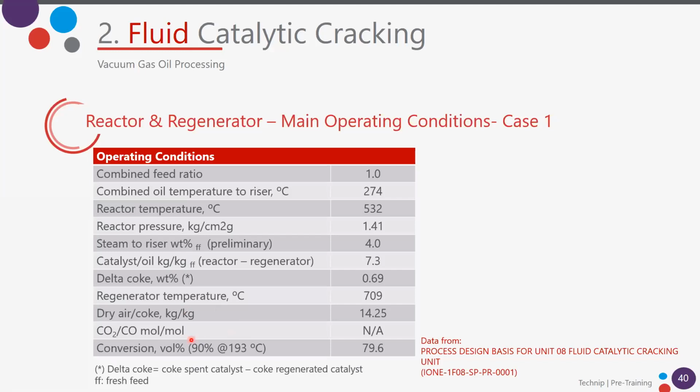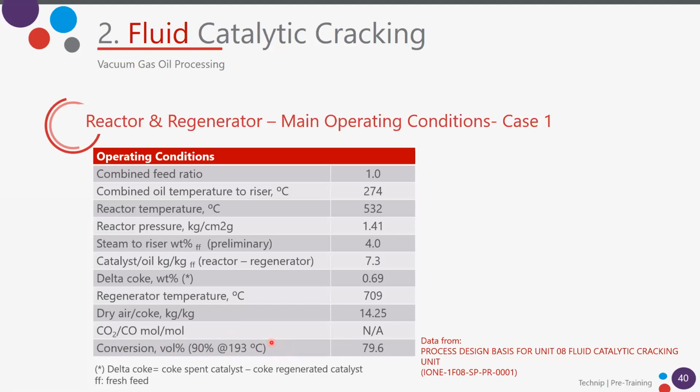This is the conversion, already the true conversion corrected, okay? We'll see maybe in the other training and the other level how to correct this conversion. It is converted as is for the 94% point of the gasoline distillation at 193, but maybe we have our 90% at other temperatures, so we have to correct this conversion, okay?